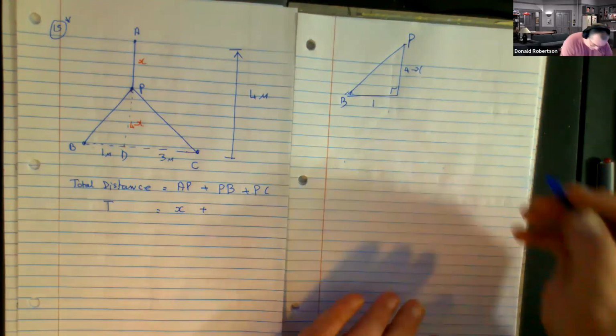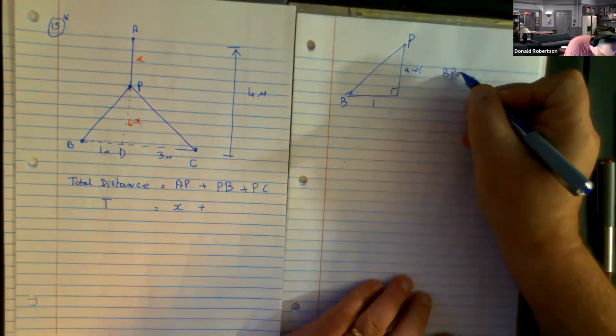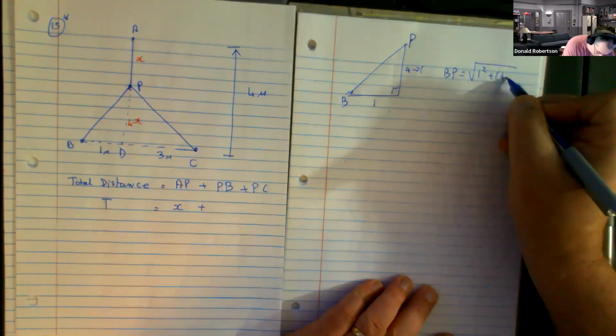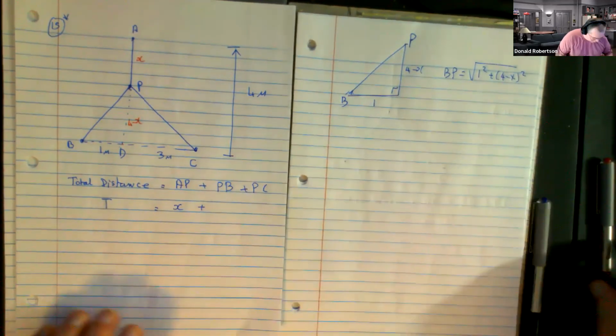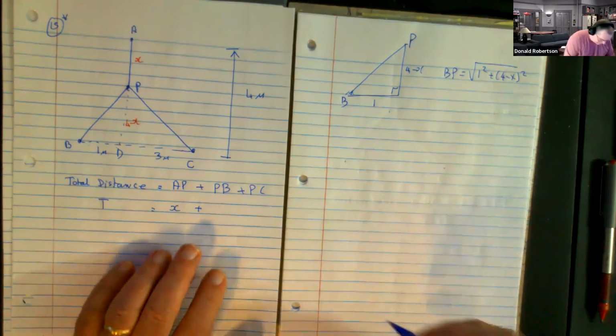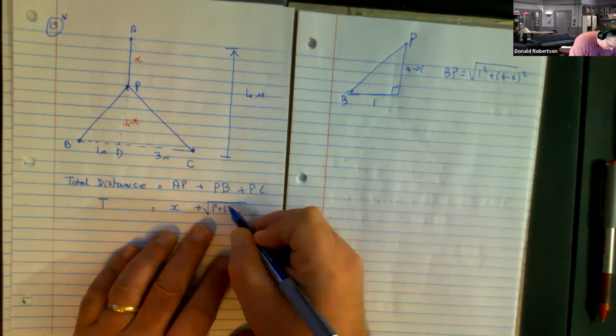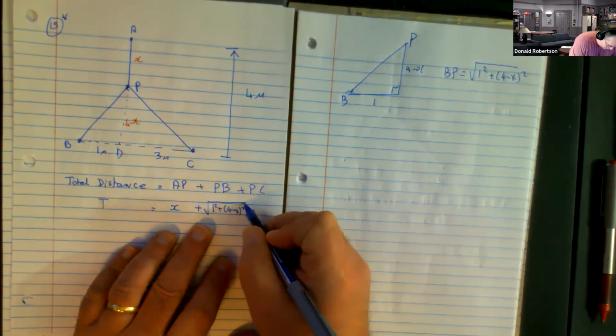And BP, and I'm running short of time, so I'm cutting out a whole load of guys, is Pythagoras. It's 1 squared plus that guy squared. Can you trust me on that? So it's the square root of 1 squared plus (4 minus X) squared.